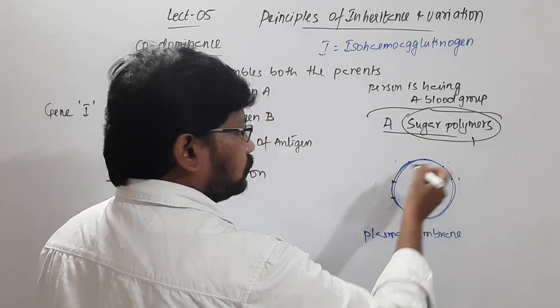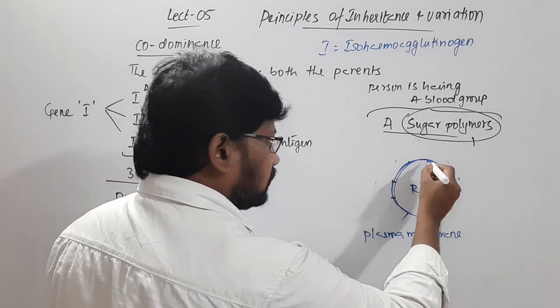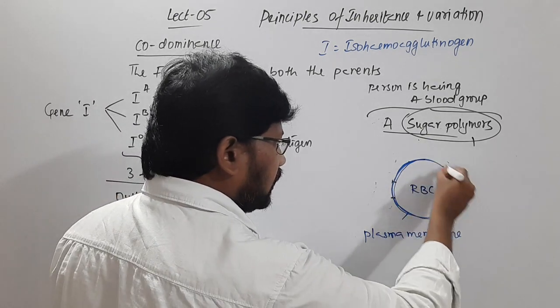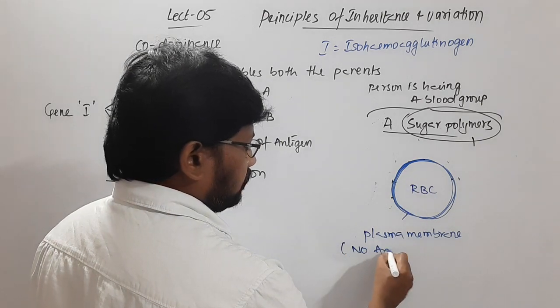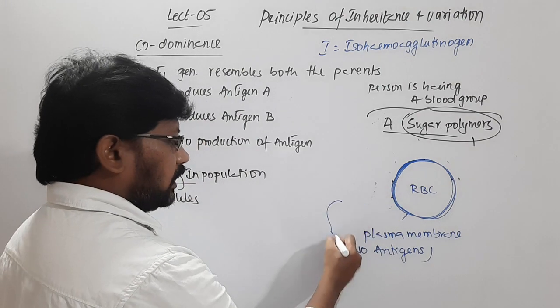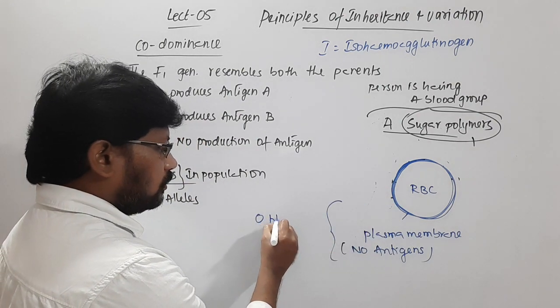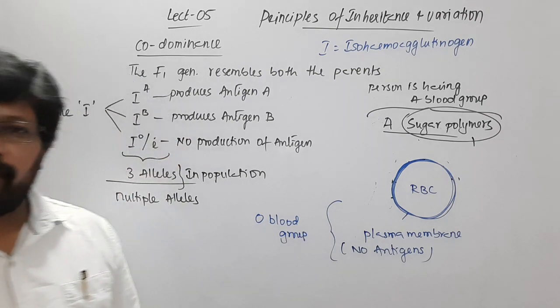If no sugar polymers are present on the plasma membrane of RBC, so no antigens, then this will be the O blood group. So the person's blood group will be O.